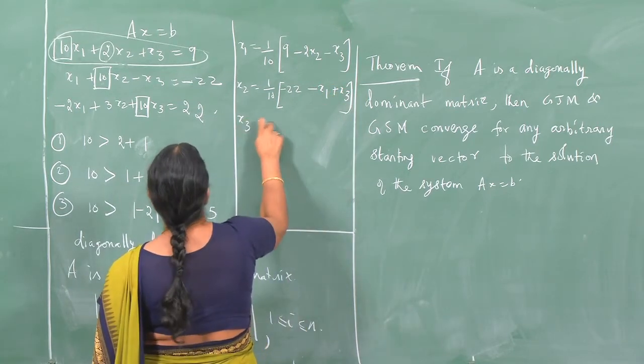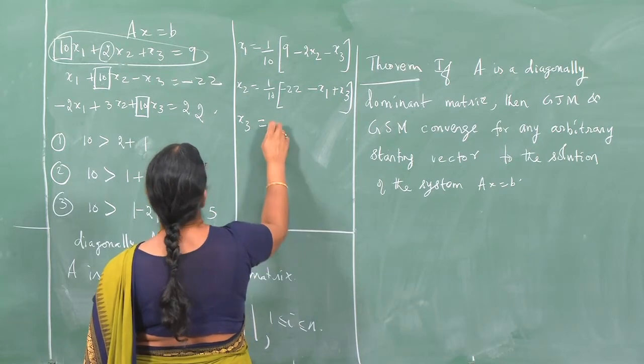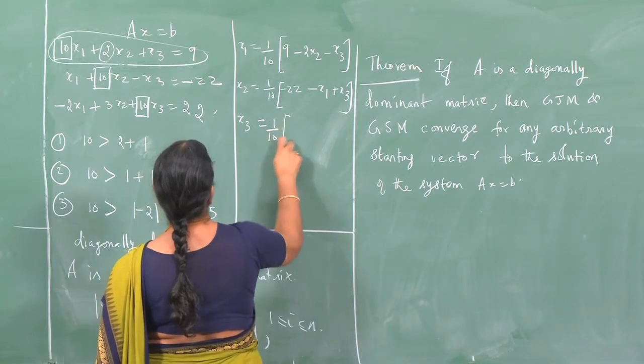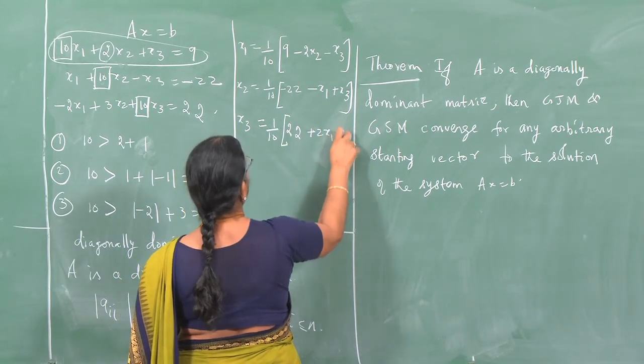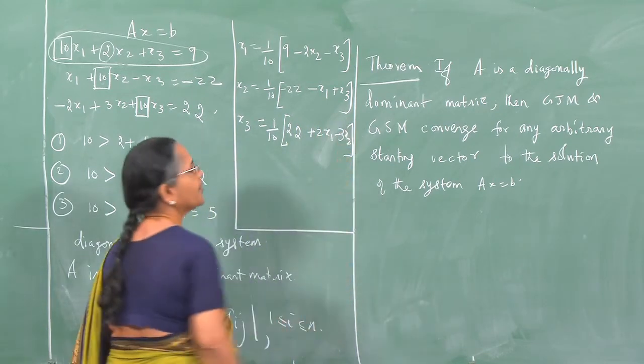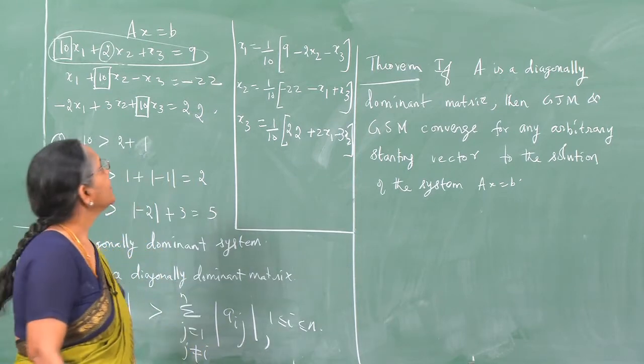Thirdly, the x3 is 1 by 10 into 22 plus 2x1 minus 3x2.